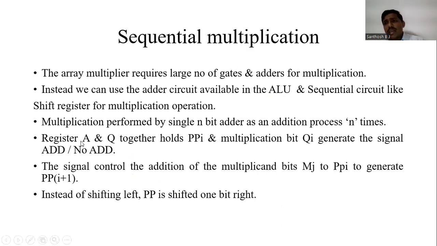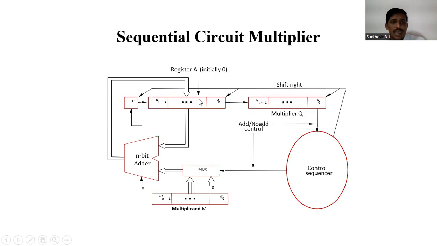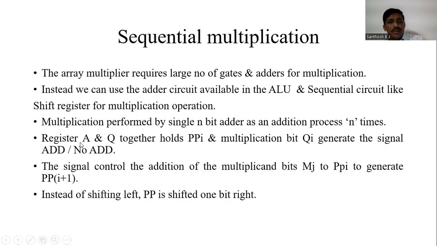Next, register A and multiplier Q. In the diagram we call these A0, A1, A2 up to An minus 1, and Q0, Q1, Q2 up to Qn minus 1, and C. C is nothing but the carry. The register A and multiplier Q together hold the partial product.